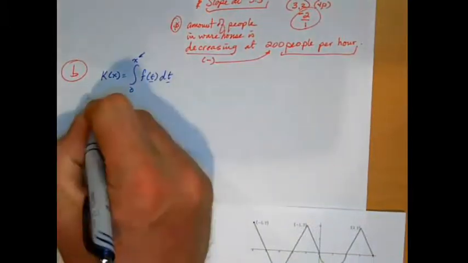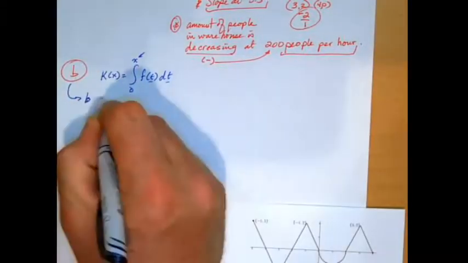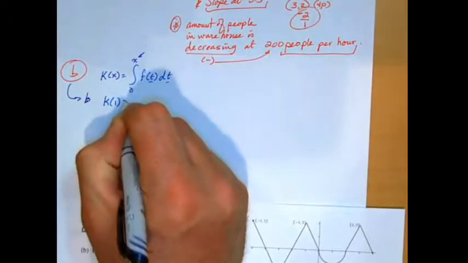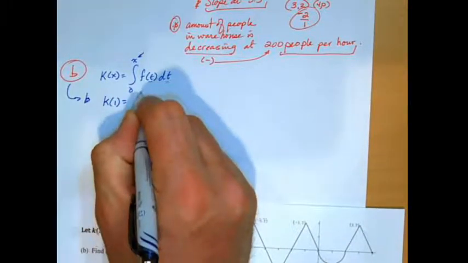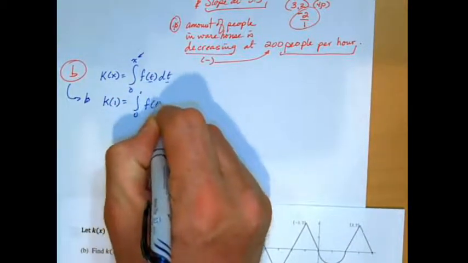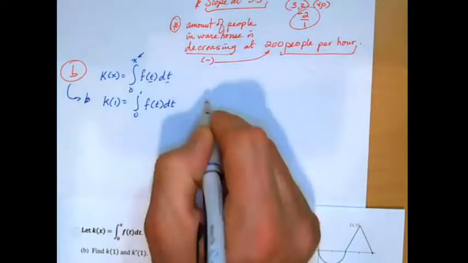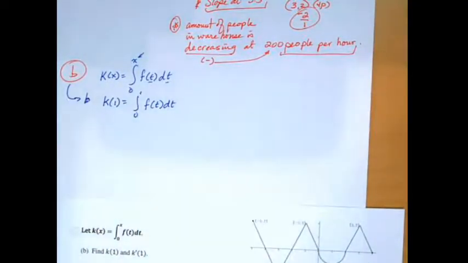All right, so part B is down here. They want K of 1, which means that you want the integral from 0 to 1 of f of t dt. So you want the function value, because this is area under a curve.